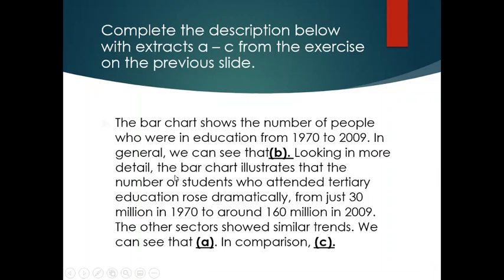Looking in more detail, the bar chart illustrates that the number of students who attended tertiary education rose dramatically from just 30 million in 1970 to around 160 million in 2009. Take note, it was mentioned here: 30 million in 1970 to around 160 million in 2009.